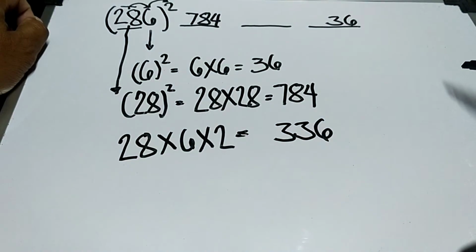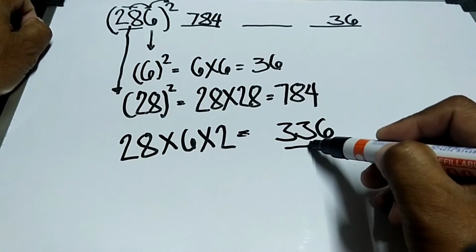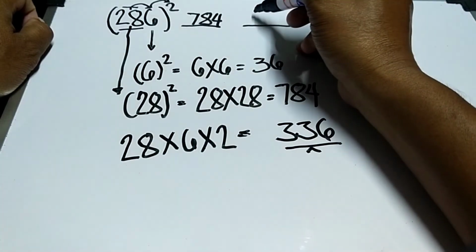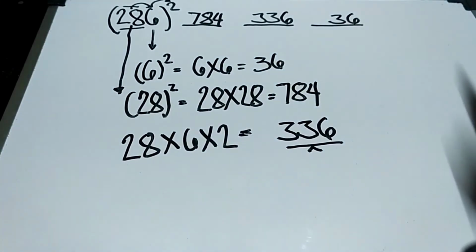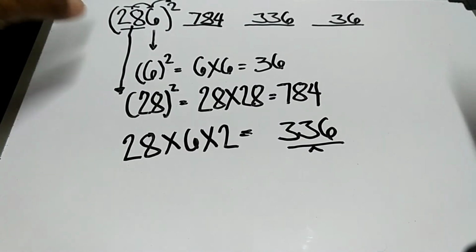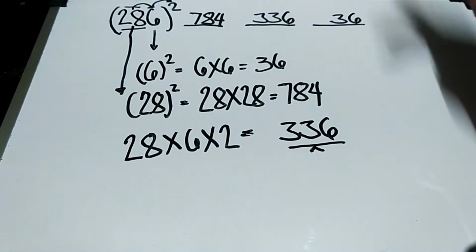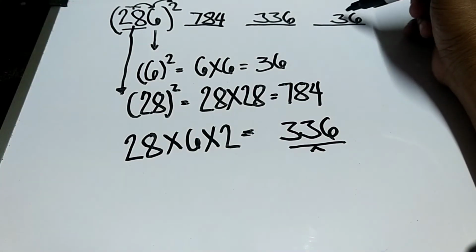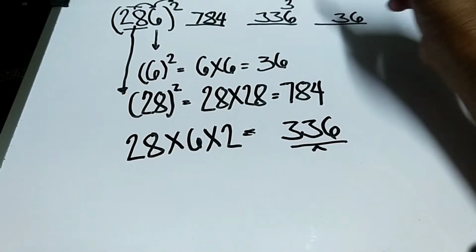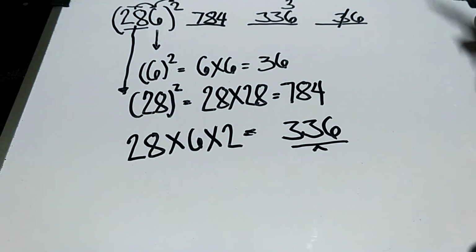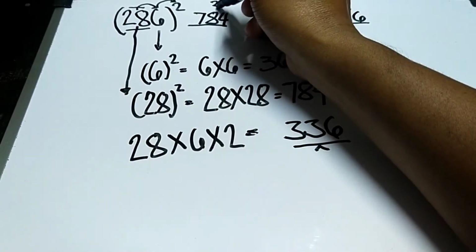Okay, and then at the middle part, this product, which is the 336. Okay guys, now this is not yet the final answer. First we carry over 3 over here, then cancel out 3, and then carry over the 33 over here.